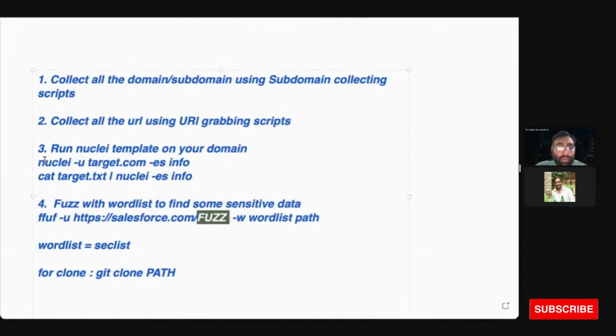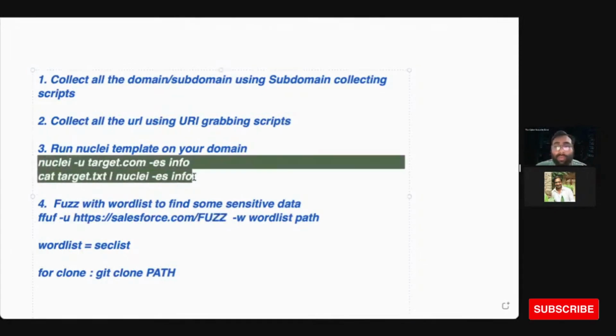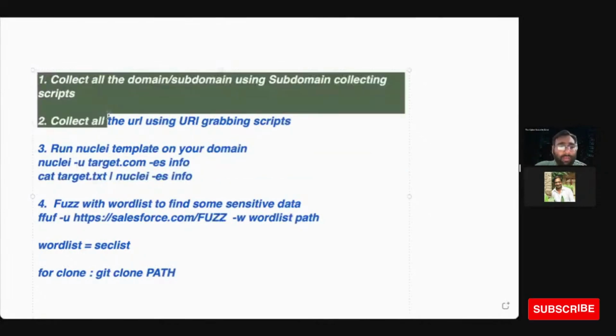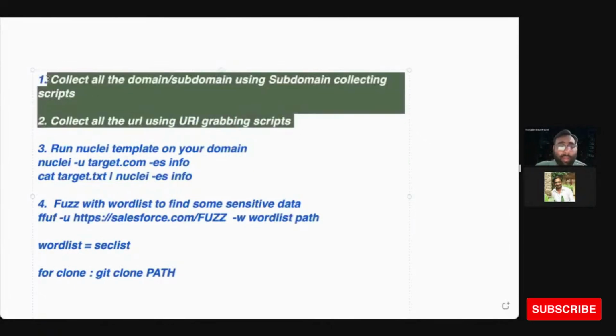You can use nuclei on your target to find potential vulnerabilities. Nuclei is an automated vulnerability scanner, and these two upper processes are compulsory because they will give you some insights into how your domain is working, how many subdomains and how many URLs your domain has.